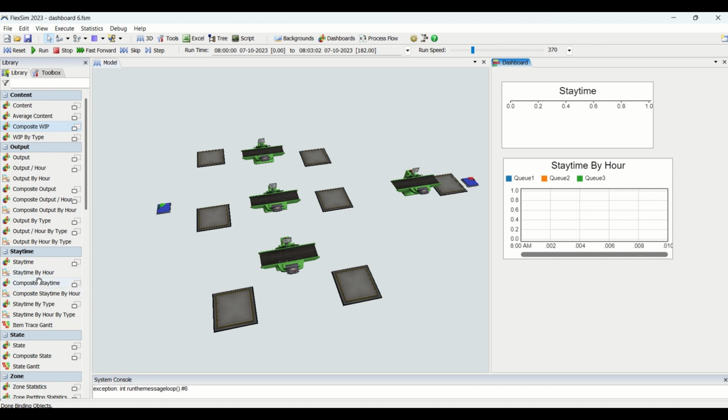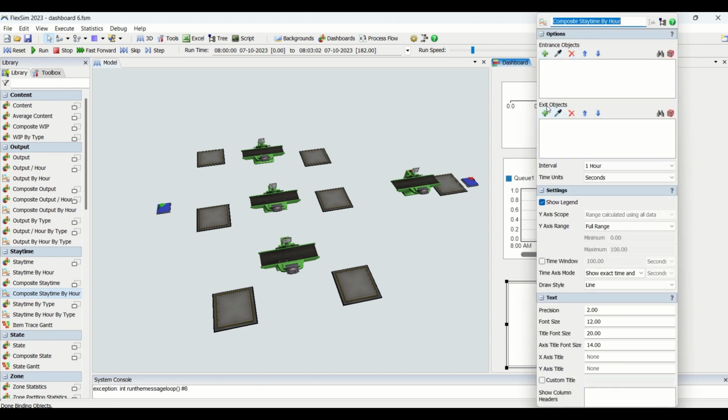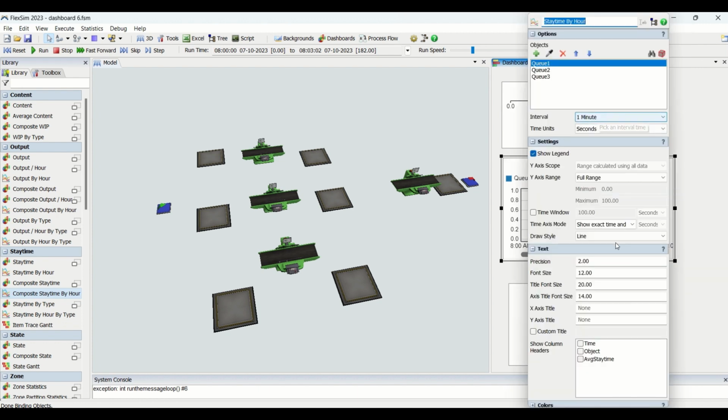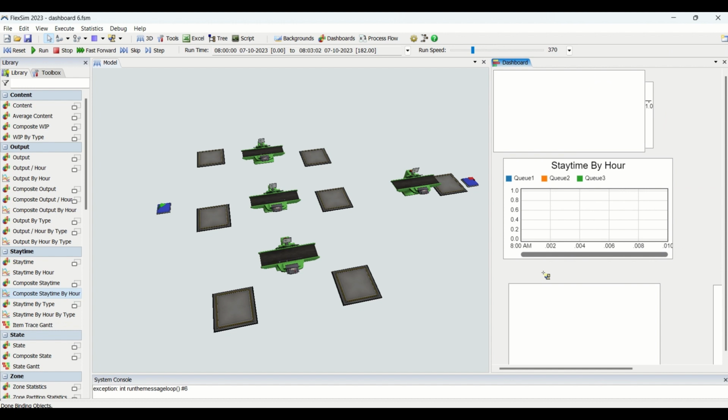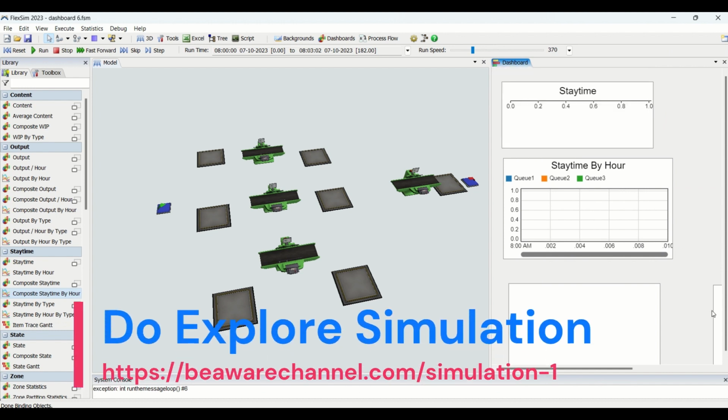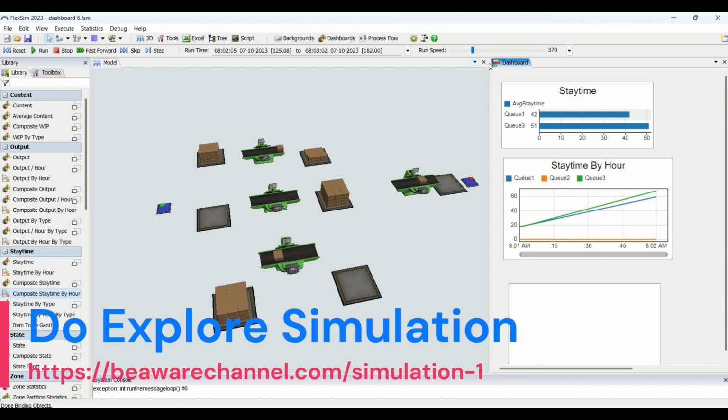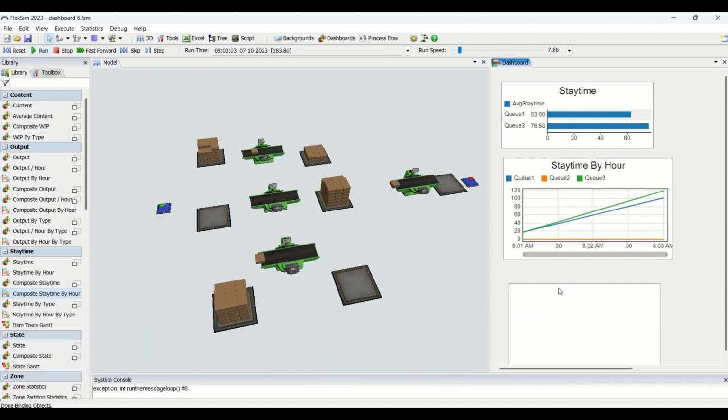We have also covered composite stay time, and then composite stay time by hour. Again, it is the same. We will have entrance and exit objects. The only change we are going to make here is that we are going to have an interval and the time units here. Similarly, what we had in here is the same here, but the only difference is that we are going to get a composite graph.